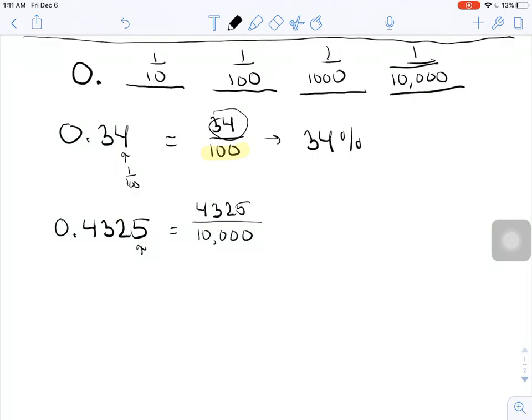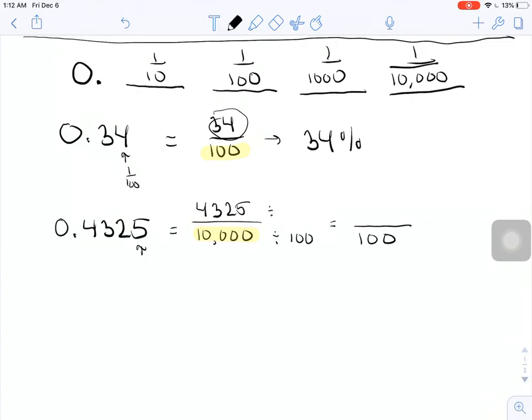But again, like what we were doing yesterday, in order to turn this into a percent, we have to take the denominator of the fraction and make it be 100. In this case, because 10,000 is bigger, we would need to scale down or divide our fraction. If I divide 10,000 by 100, that gives me the correct denominator to get my percentage, a denominator of 100.